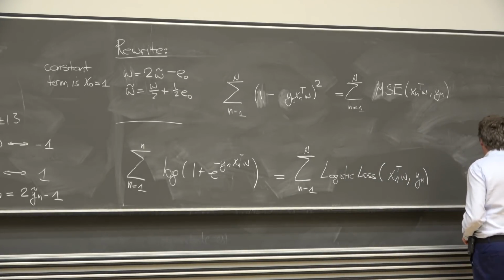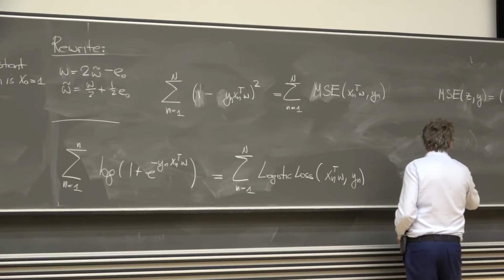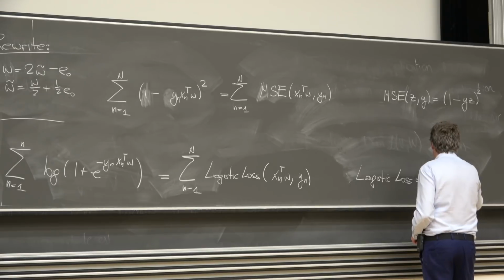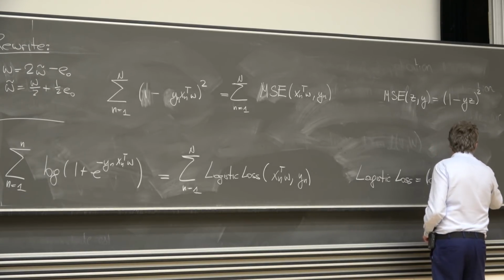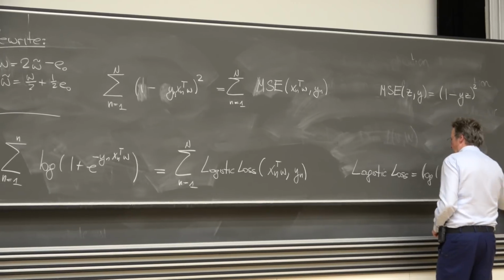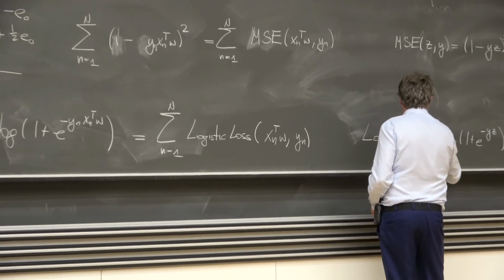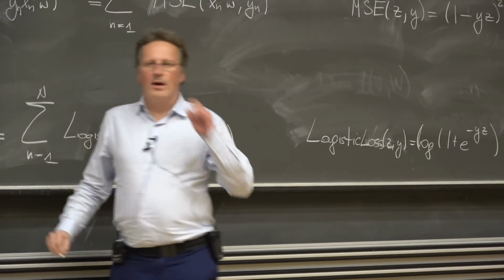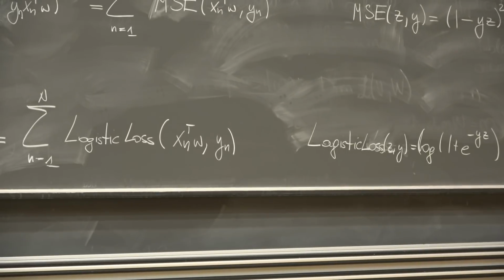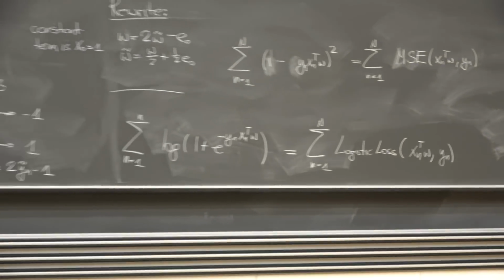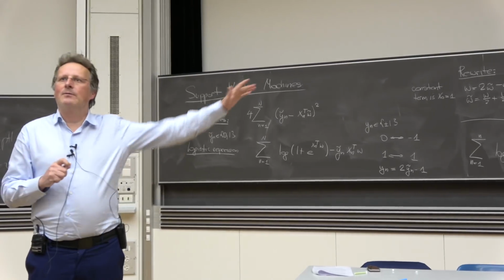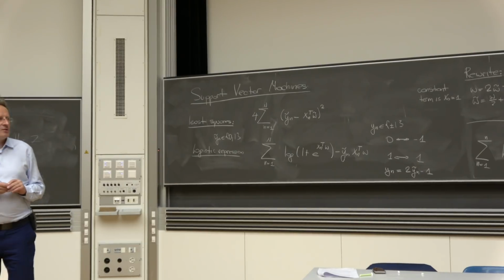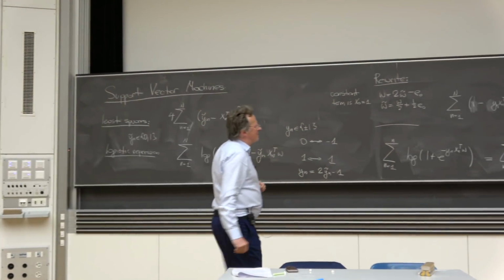The logistic loss is just log of 1 plus e to the minus y z. The only point of rewriting is that I write the two in the same form as a loss function. Then we can compare the loss functions, and that will lead us to the third loss function, which will be exactly the loss function of the support vector machine.